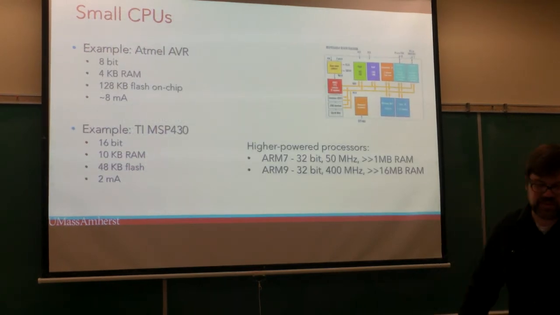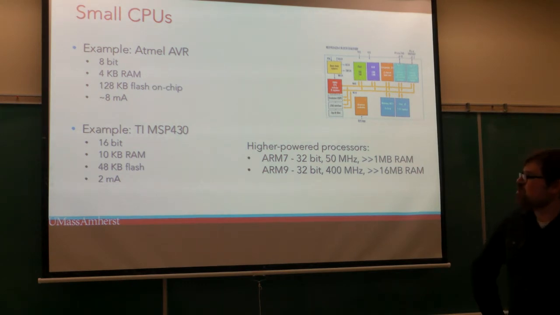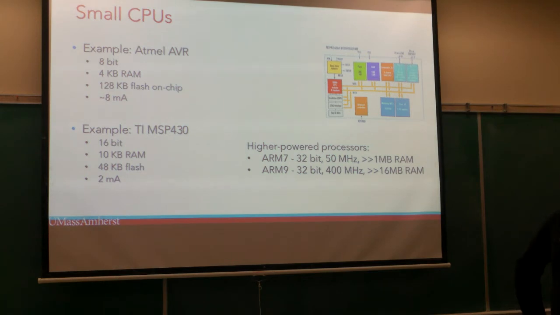Two specific examples. The Atmel AVR, I think, is the processor that's actually inside a lot of the Arduinos. Again, it has an 8-bit wide data path, 4K of RAM, and a little bit of flash. And then there's another one that I think is more popular now, at least outside of the Arduino space, for embedded sensing: the TI MSP430.